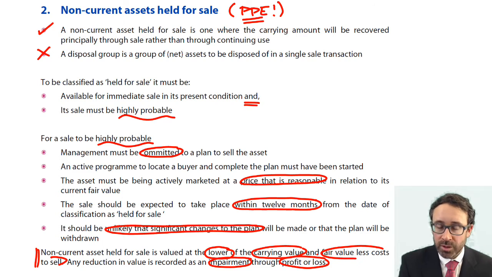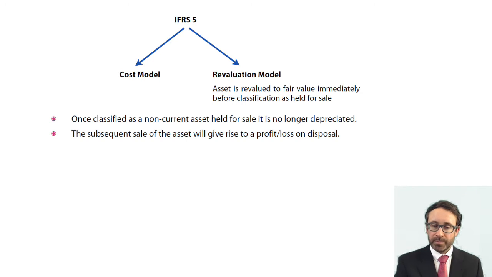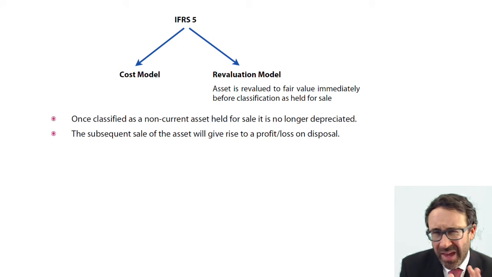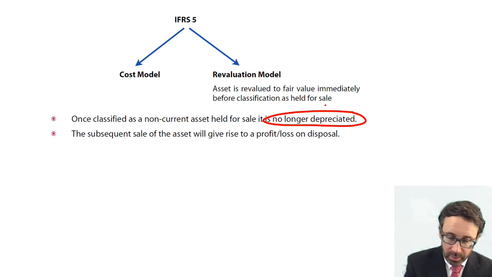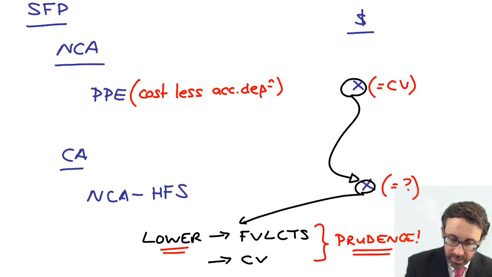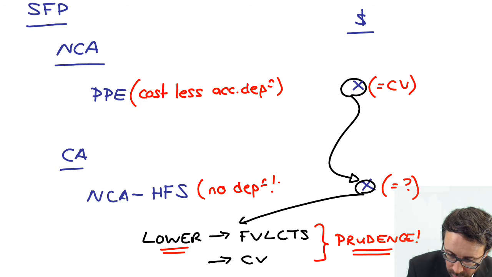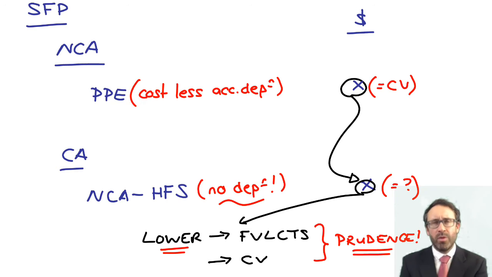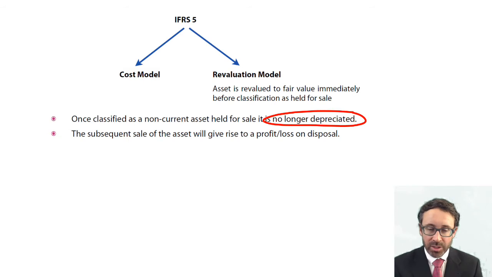And then we will also have an impairment showing that reduction in value prior to its ultimate disposal. Again, I think I've mentioned it already, but once you've got it as a non-current asset held for sale, it's no longer depreciated. So again, you can add that there. There is no depreciation, but there will be depreciation up to the date of reclassification.